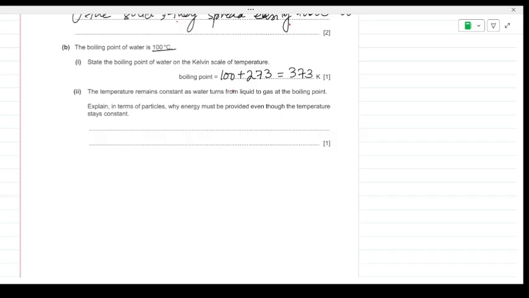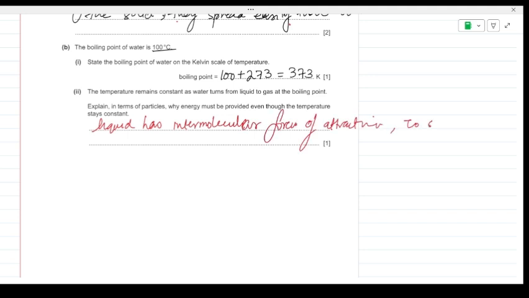So we have to explain in terms of particles why energy must be provided when the temperature remains constant. We know that the liquid has intermolecular forces of attraction. To overcome these forces, you have to apply some energy.